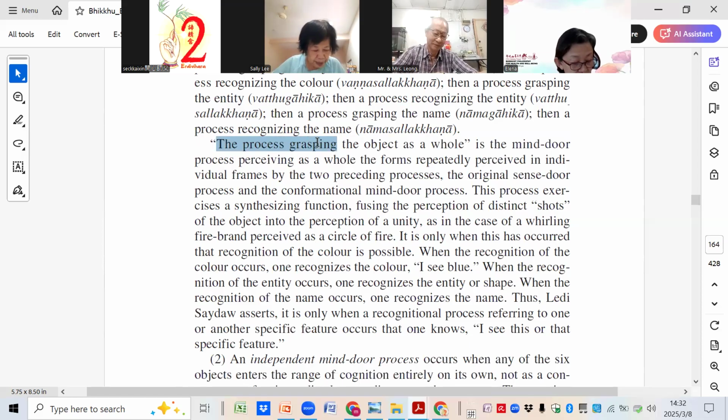The process grasping the object as a whole is the mind door process.